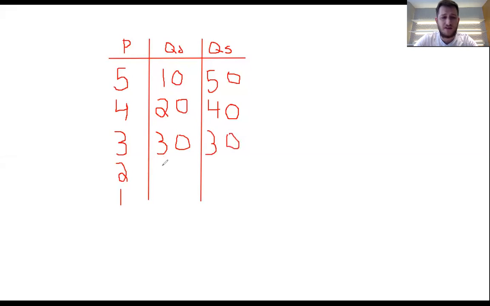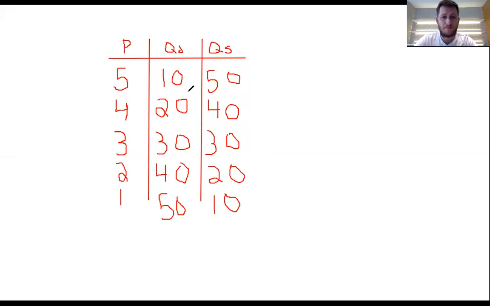And then a price of $2, it's going to be a quantity demanded of 40 and a quantity supplied of 20. And then at a price of 1, the quantity demanded is going to be its highest at 50, and the quantity supplied is going to be its lowest at 10. Okay?